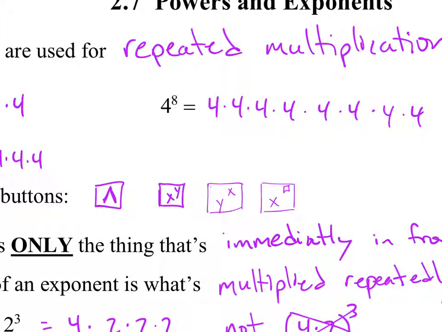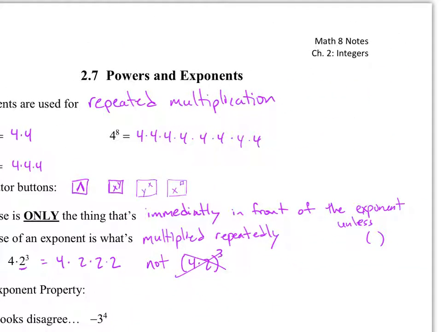So if we were going to do one of these problems, like let's do 4 to the 8th, these are the buttons you'd push. You'd push the number 4, and then you'd push the caret button. Then you'd push the number 8. Then you'd push your equals button. And hopefully you get something like 65,536.